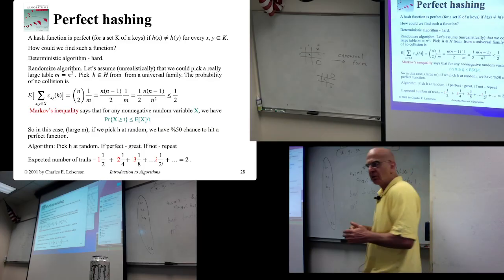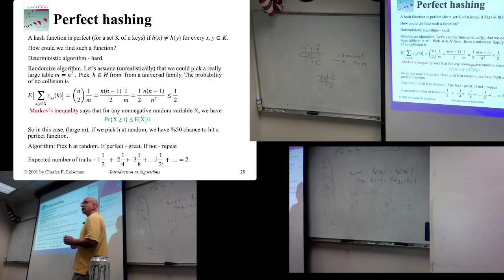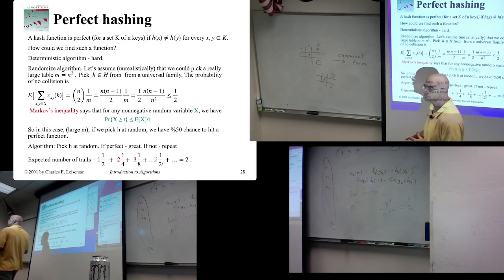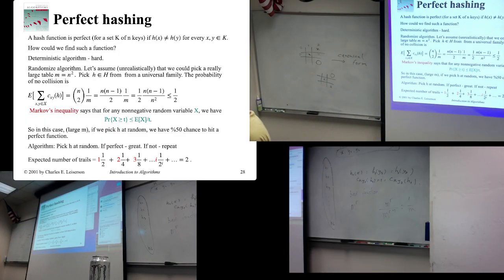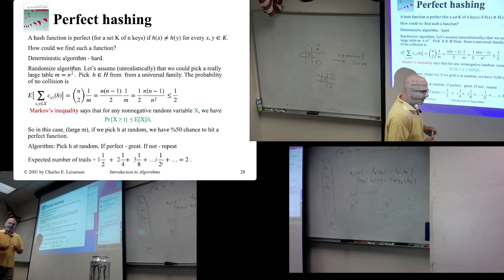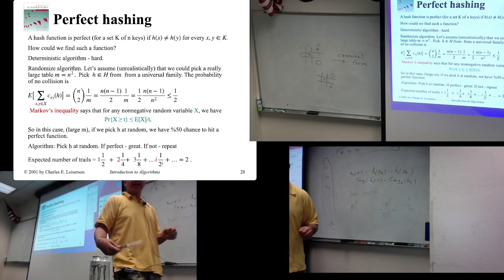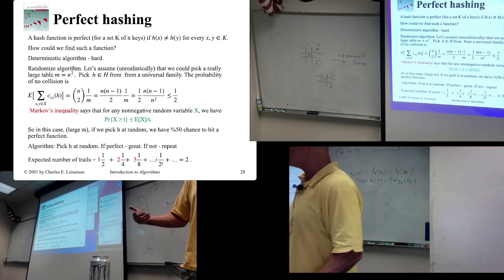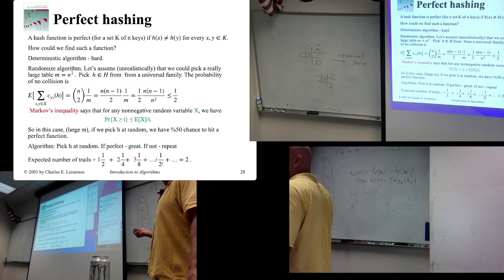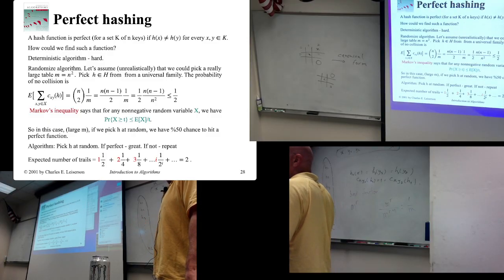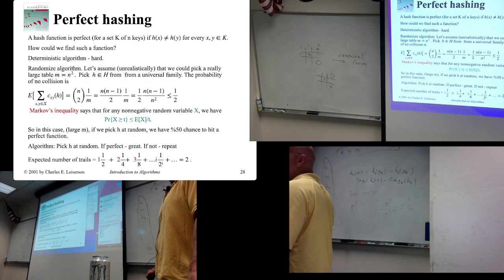And I want to talk to you about perfect hashing. A lot of the power of hashing comes when our data is dynamic, is changing. We don't know what the keys are, and they just appear over time. But what happens if I don't need it in a dynamic setting? Actually, I'm happy with the static setting.